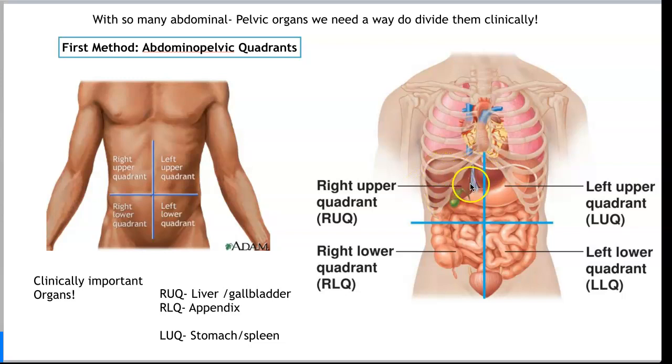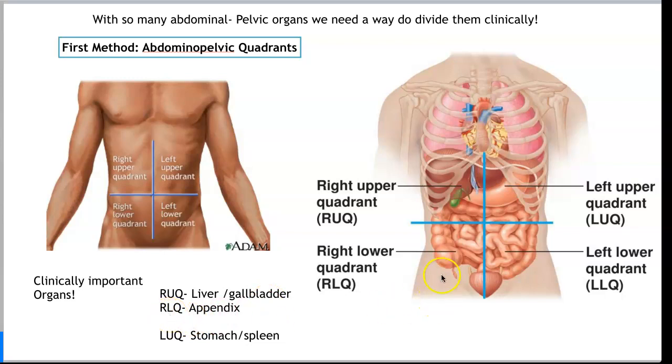So right upper quadrant. That's how you abbreviate it, RUQ. Patient comes in with right upper quadrant pain. That's how you're going to write it in the chart. Immediately you're going to think of these organs, liver and gallbladder.